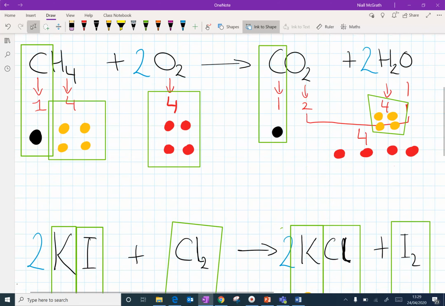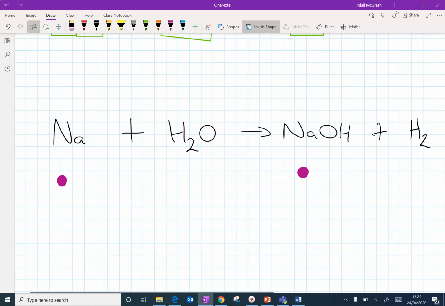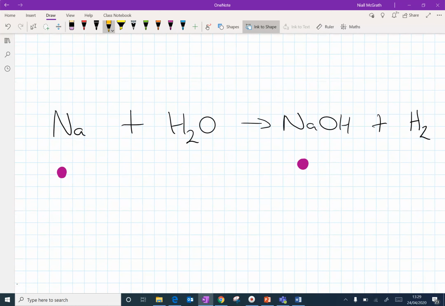Our hydrogens, we'll try and keep them the same color, why not, yellow. So we have two hydrogens on our left on our reactants. We have one hydrogen here in NaOH, and we also have two hydrogens here as H2. So in total we have three hydrogens on the right, so that's not balanced.